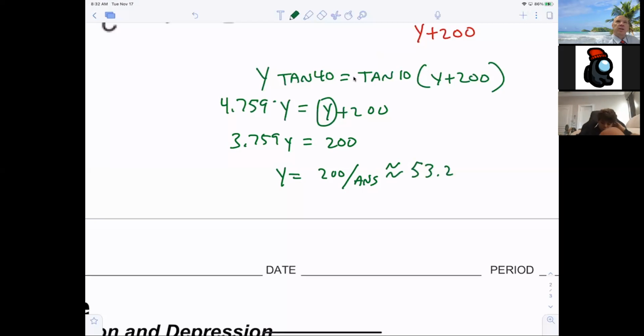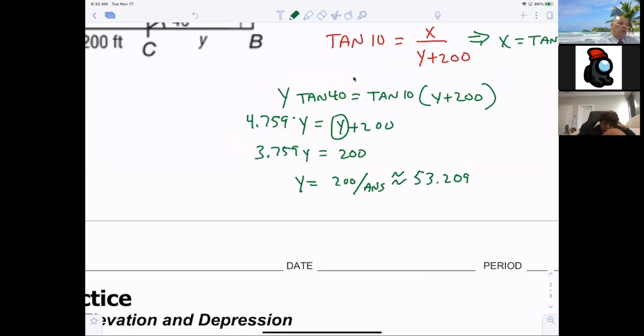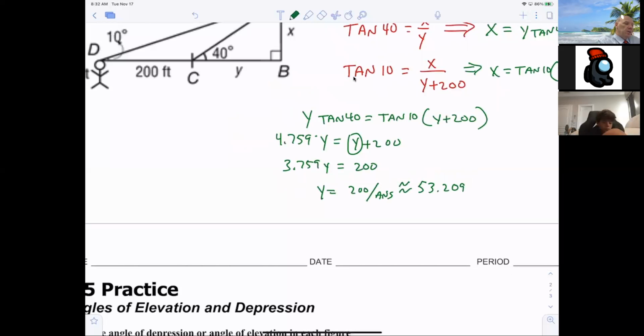Now we're rounding to 3 decimals. All right. Now, if you have 53.208, do I really care? I don't really care. If you said 53.210, I don't care. I'm just saying that's how you use your calculator effectively. So we know that y is this answer, 53.209.